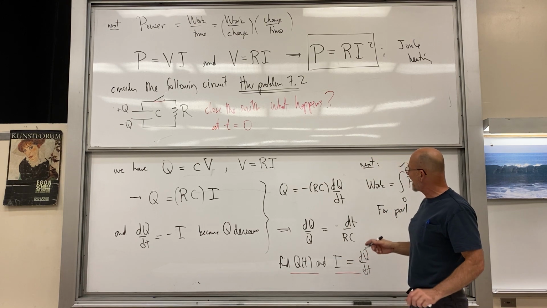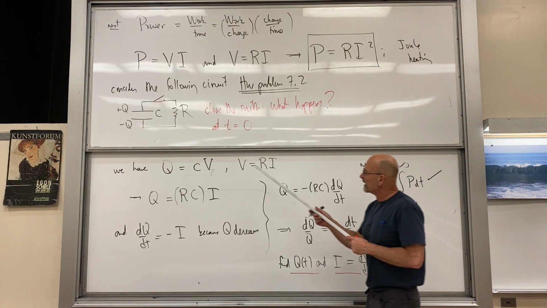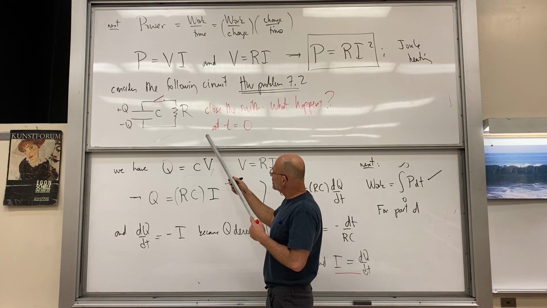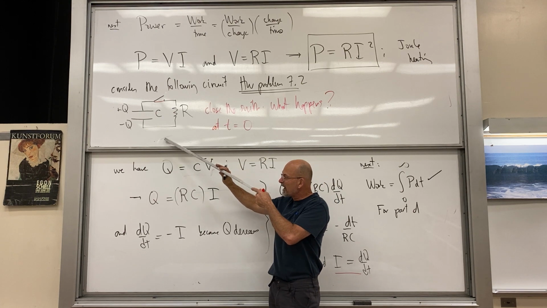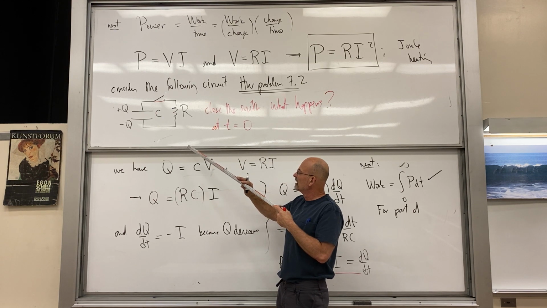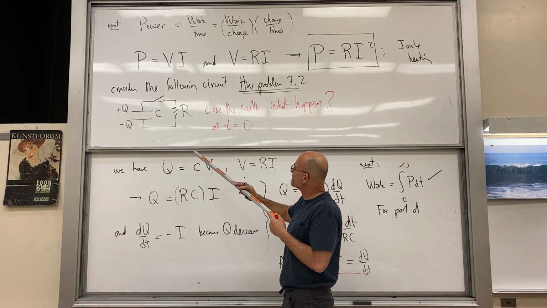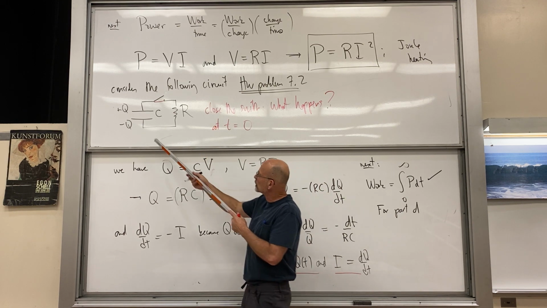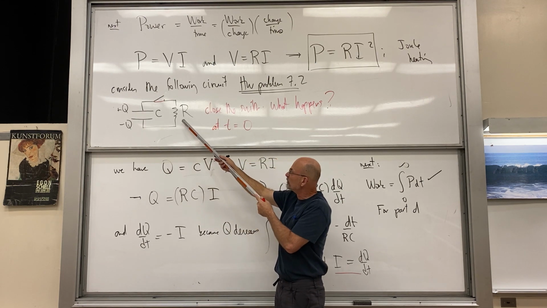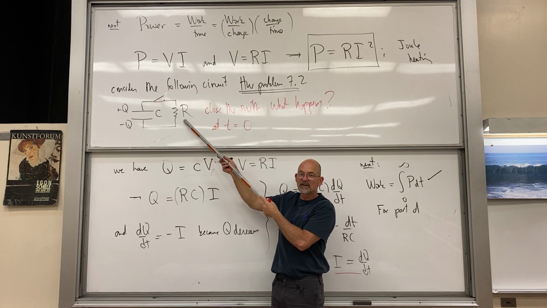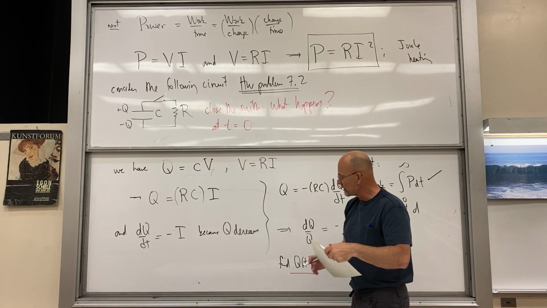And when you do that, you'll get to part D, where you're finding that the amount of energy used to charge that circuit, not this one, but the one with the battery in series, is going to be 1/2 of it will go to the capacitor, 1/2 of the total energy, the other half got burned in the resistor in the process of charging it. So that's an interesting result. I'll write that down so you know what you're shooting for.